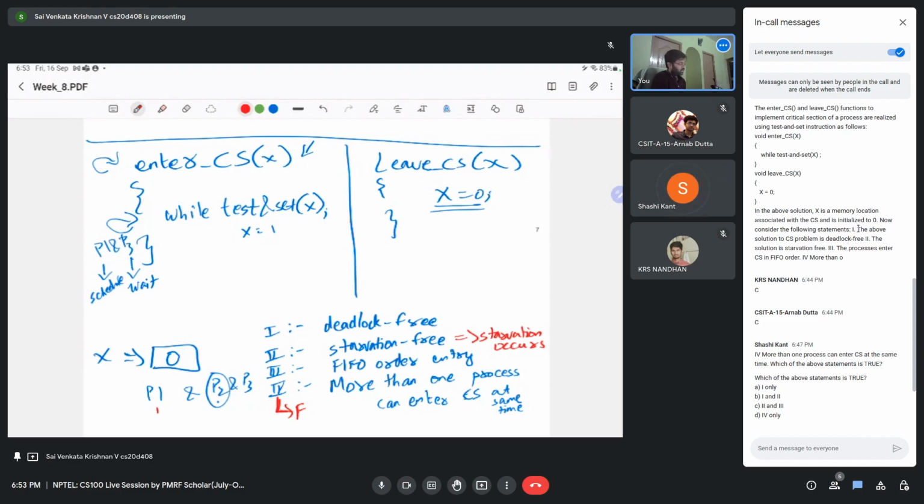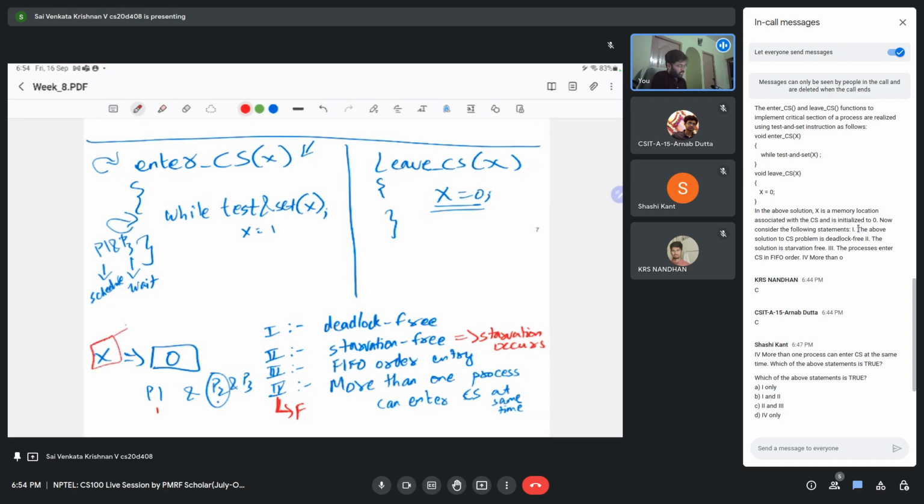Yeah, and the final thing is option A, that it's deadlock free. So when will a deadlock occur? Assuming that within the critical section the processes do not contend for the same set of resources, in this case deadlock is with respect to this x variable, right?